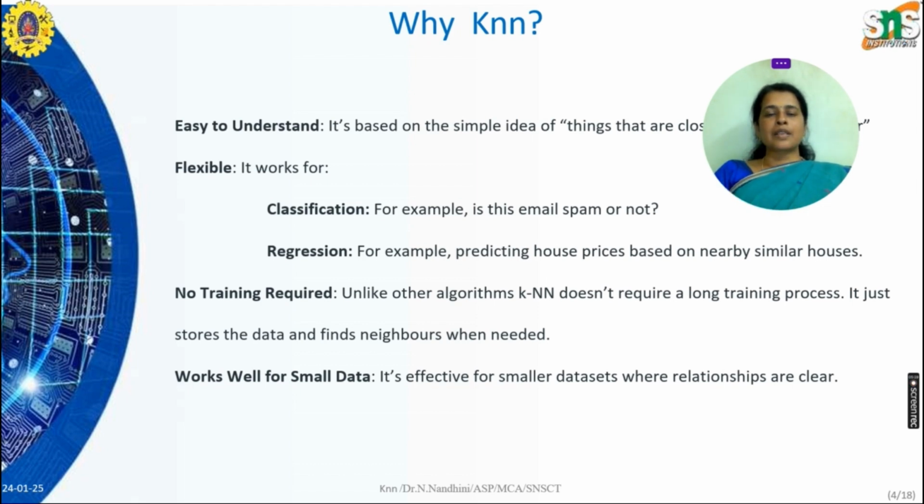But what is the main drawback? It is only applicable for small sets of data. If your data set consists of few records, it gives accurate values. Otherwise, it may end up overfitting or underfitting.